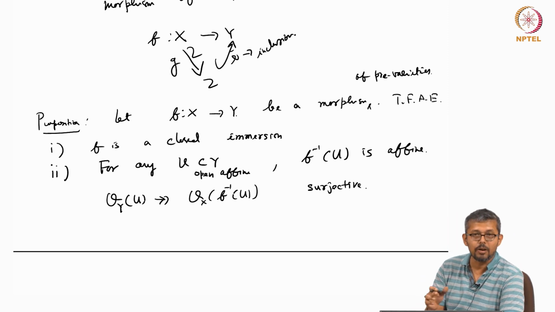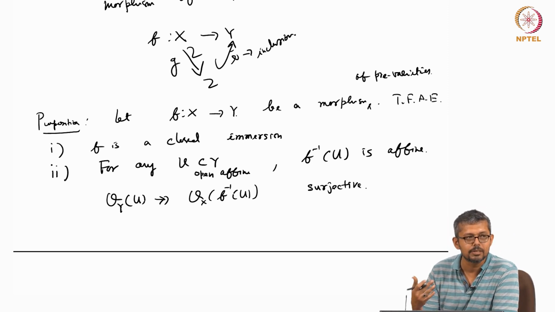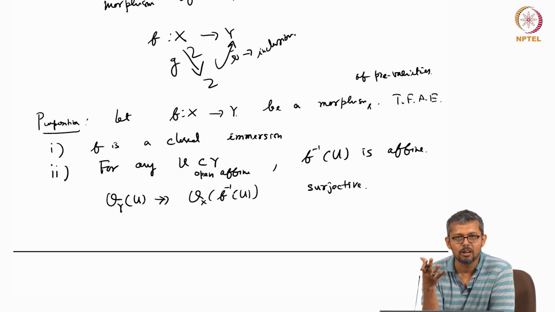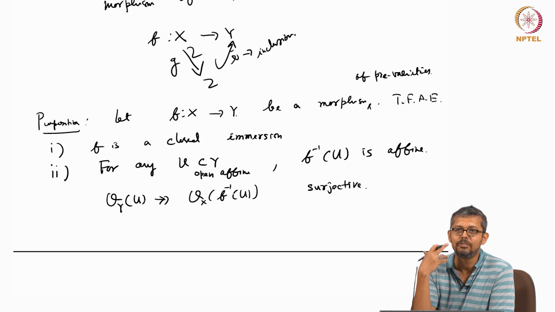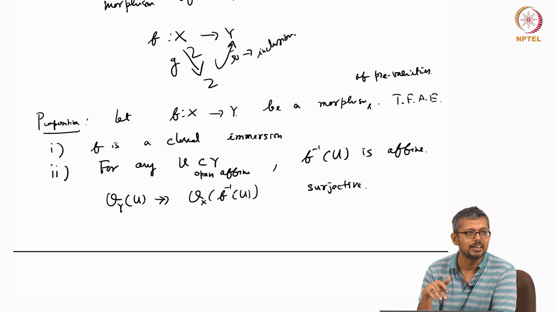Now, in the previous class I said that whenever you work with pre-varieties or more general objects like this, the definition is for every affine open, and then you say that if there is one cover for which it happens, then it is true. They are equivalent.